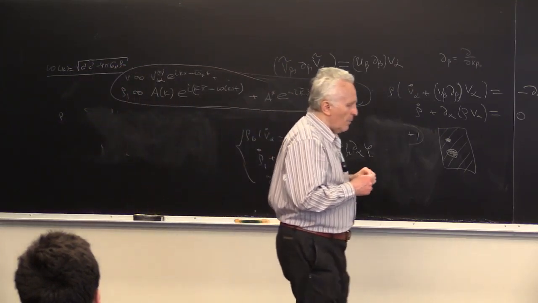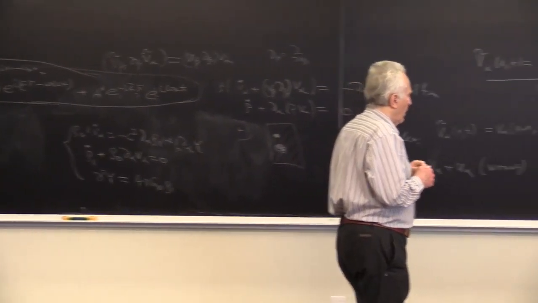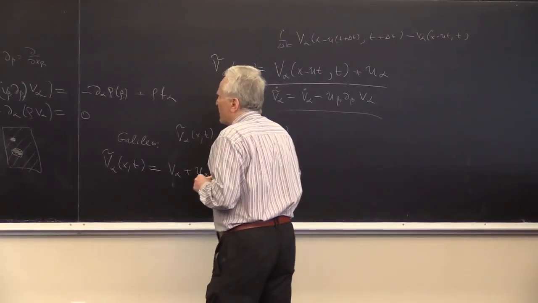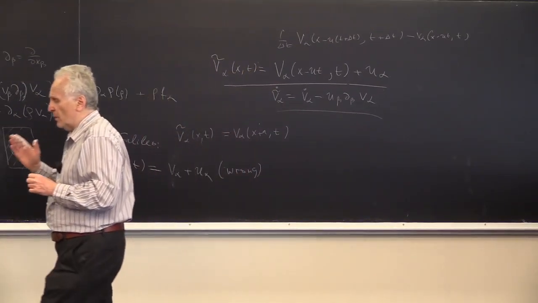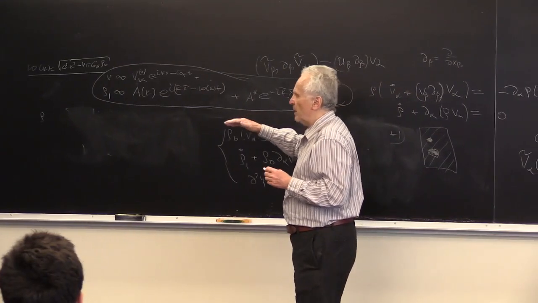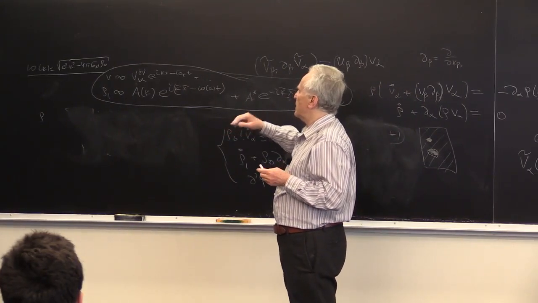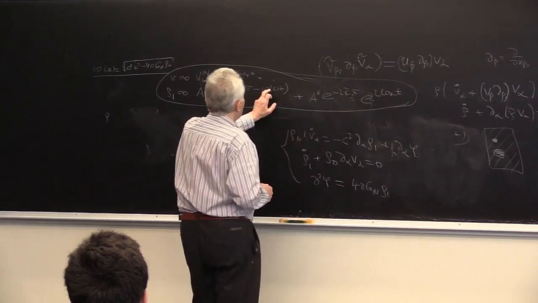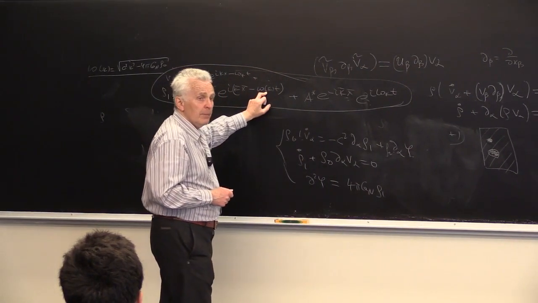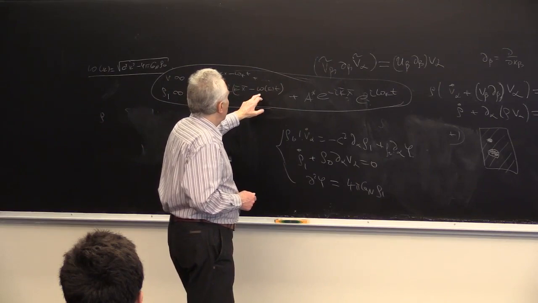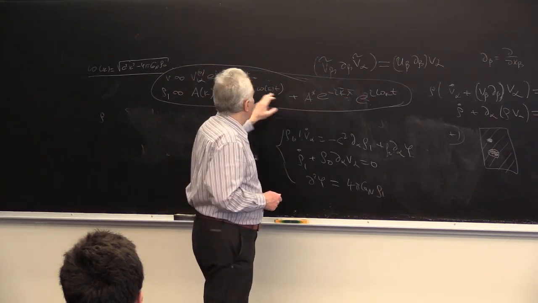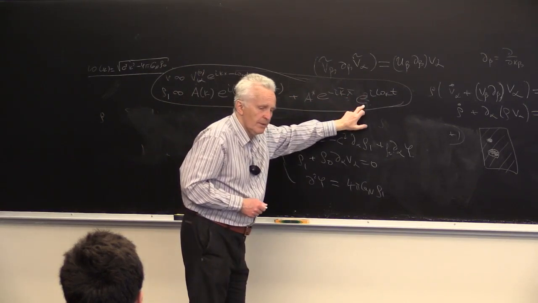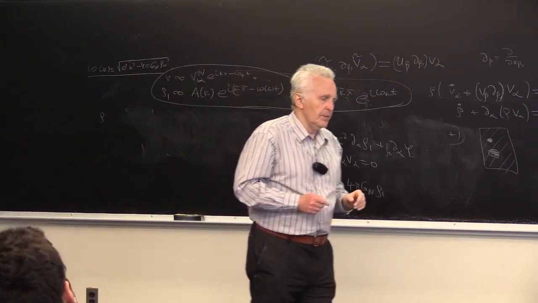Now I want to ask you a question. What are the symmetry reasons for two observations we make here? First, that we have exponential dependence on time. And second, that we have two exponents, this and this, in the general solution.